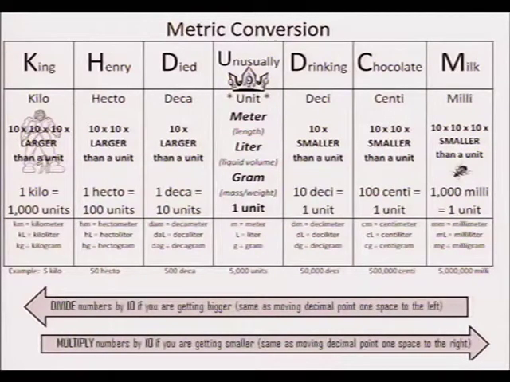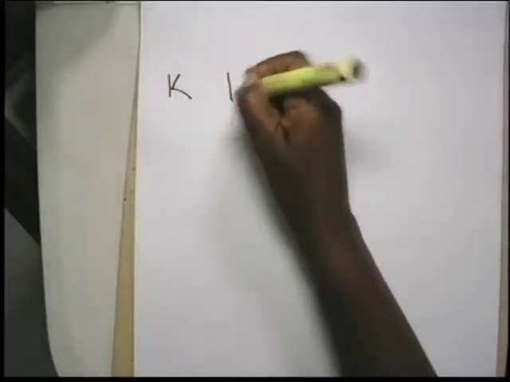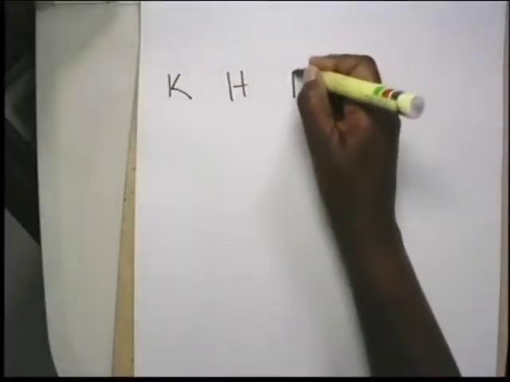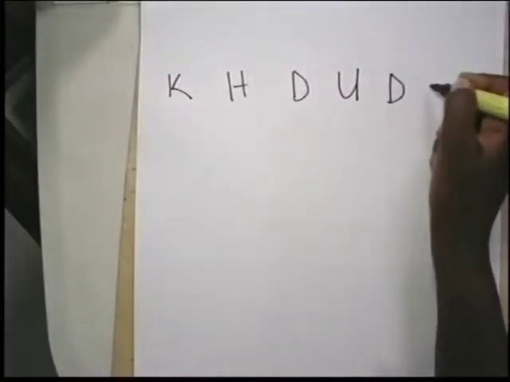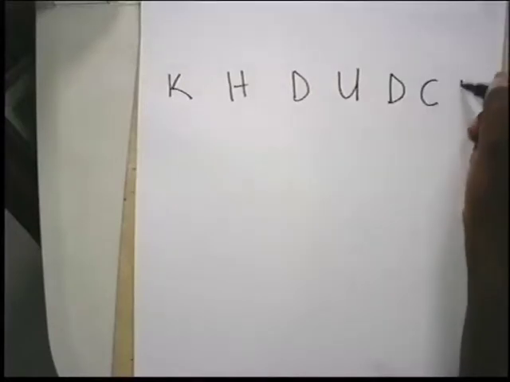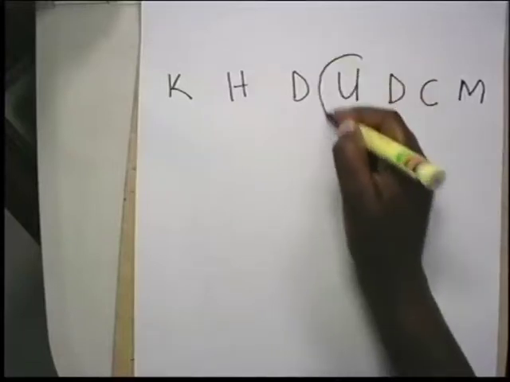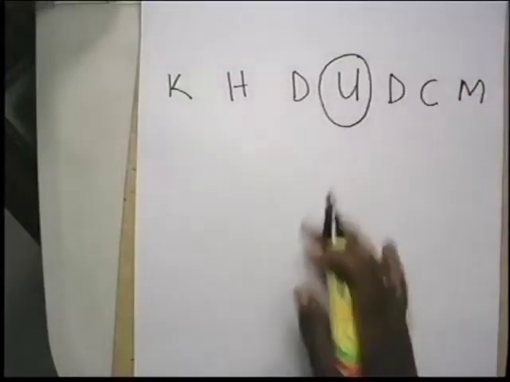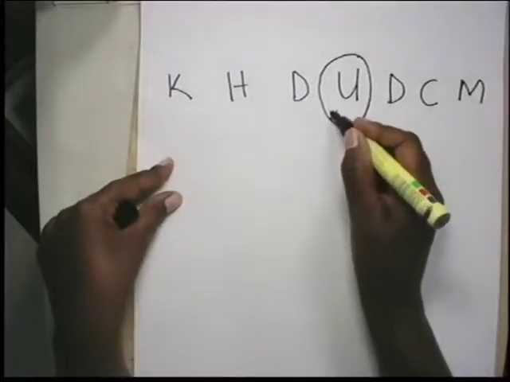We can say: King Henry died unusually drinking chocolate milk. Now let's go back to how we can use this example. You can memorize this, and it will help you very much in not forgetting the units ever.